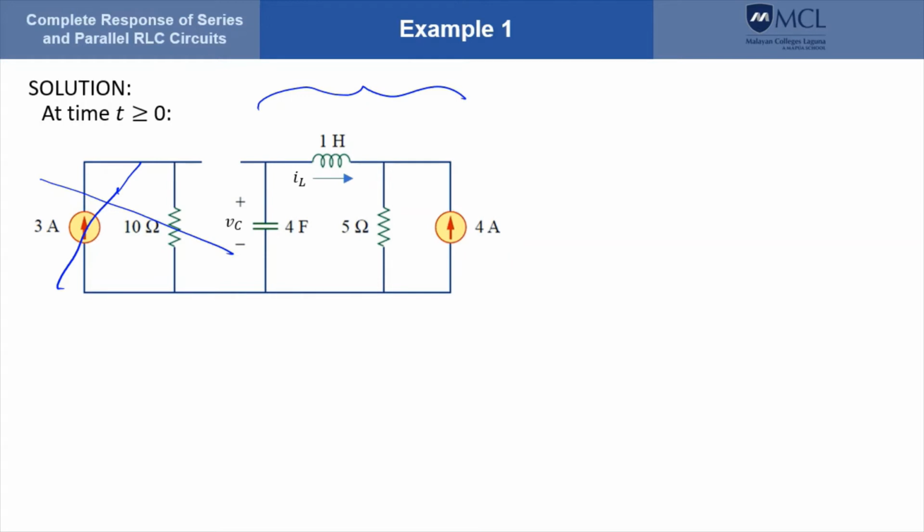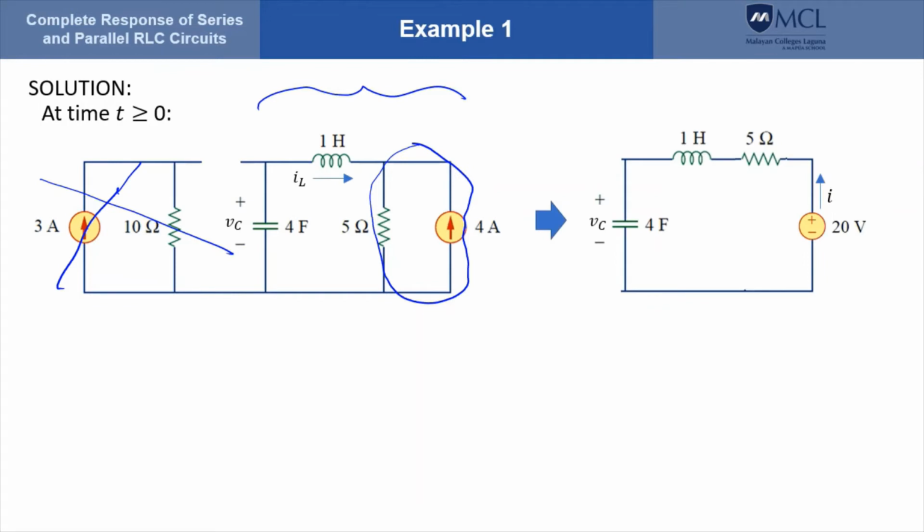What we can do to simplify the circuit is source transform this part here into a voltage source, and that should give us this circuit, where the voltage here is 5 times 4, 20 volts, and we simply copy the 5 ohms from here. Now the circuit looks like a series RLC.